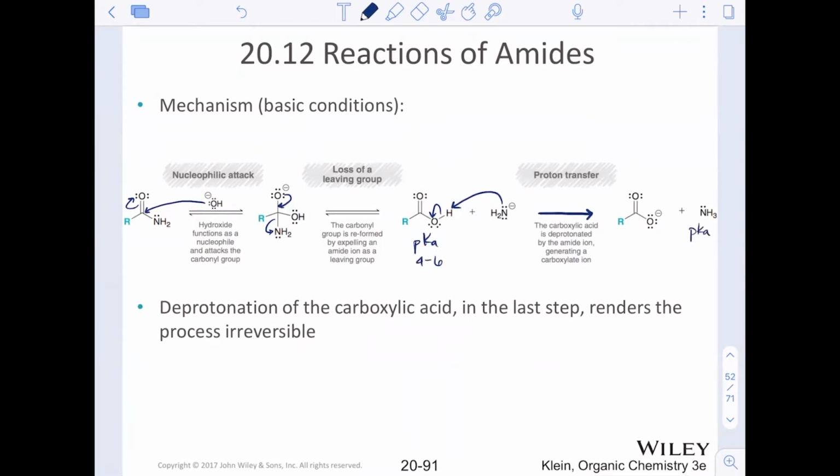The pKa of an amine is around 35 to 38, depending on what that amine was. NH3 has a pKa of 35. If we vary the R groups a little bit, then it gets a little bit higher. Now, it is that last step that renders this process irreversible.